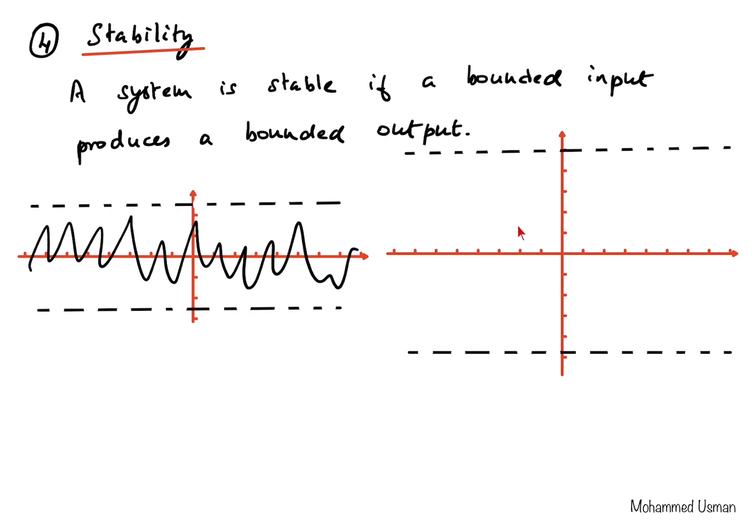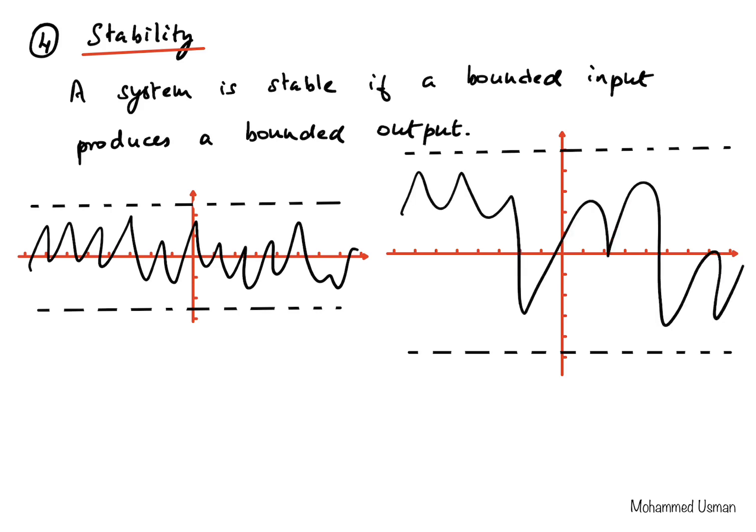Then the output that the system produces will also be bounded by some values, and it will not produce an output which is unbounded for an input that is bounded. That is what we mean by a stable system. So in this case, let's say we have some other limits of the bound for the output signal. So we may have the output something like this.